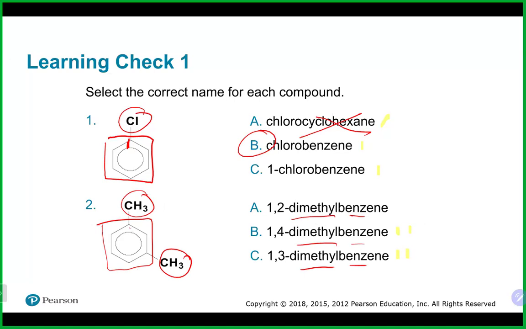We could go 1, 2, and then 3. So it should be 1,3-dimethylbenzene. That would also be what positioning? There's the meta positioning. So that also could be meta-dimethylbenzene or m-dimethylbenzene. Any questions on that one there?